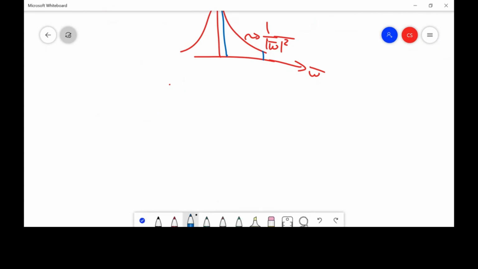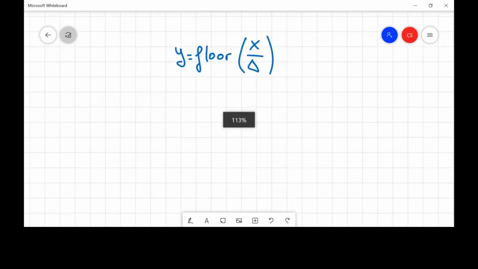Just for simplicity, I will round down. Let's say that my output is the floor of x divided by delta.